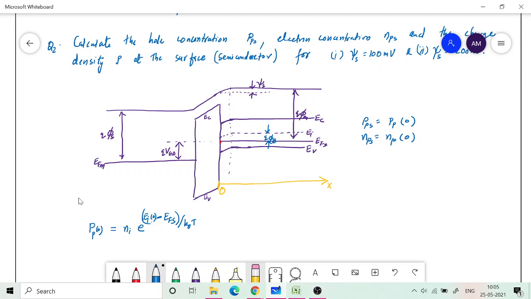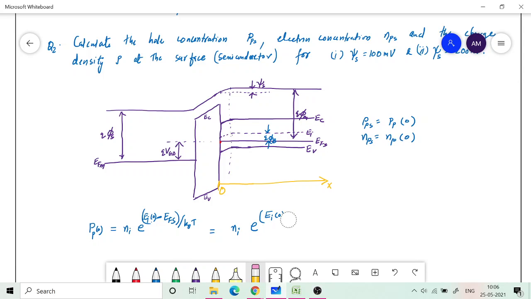Okay, so how do we do this? What we can do is take this equation and write it as EI minus 0. So what we can do is add EI and subtract EI.